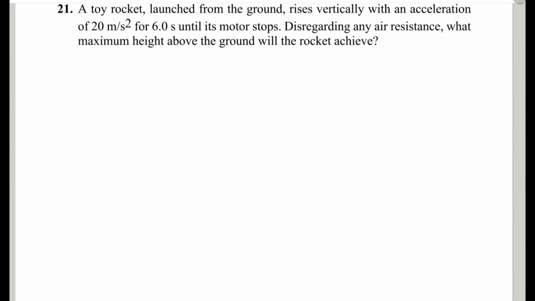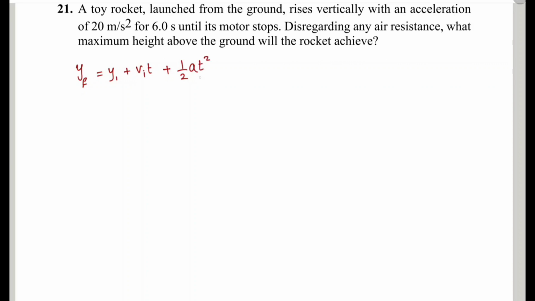A toy rocket launched from the ground rises vertically with an acceleration of 20 meters per second square for 6 seconds until its motor stops. Disregarding any air resistance, what is the maximum height above the ground the rocket will achieve? To have maximum height, remember that velocity up there equal to 0. So y final equal to y initial plus the initial velocity times t plus half a t square.